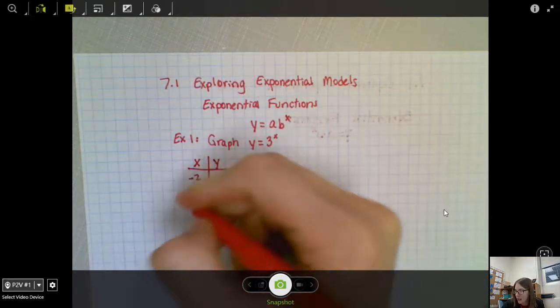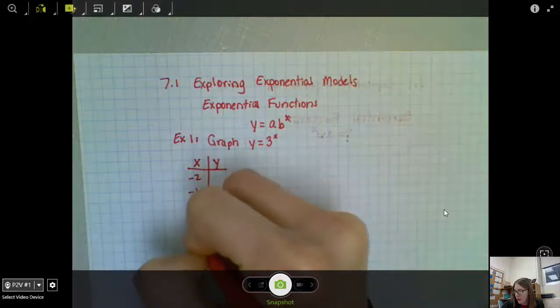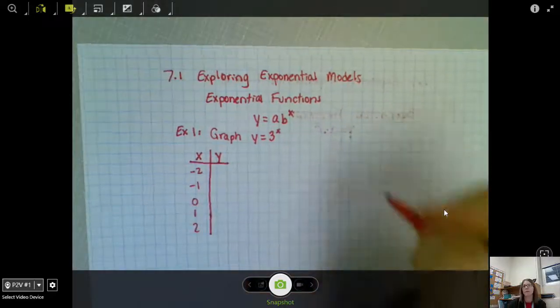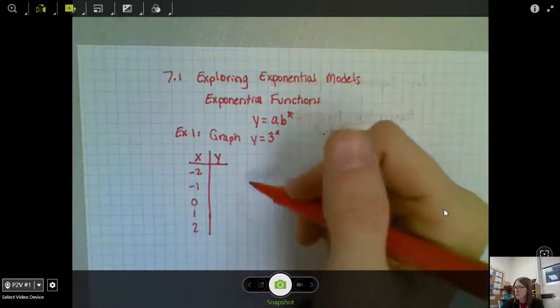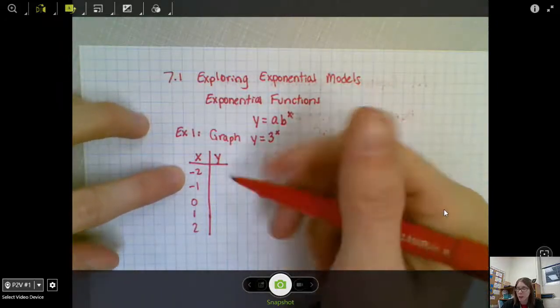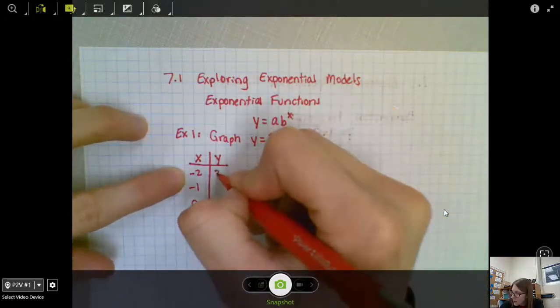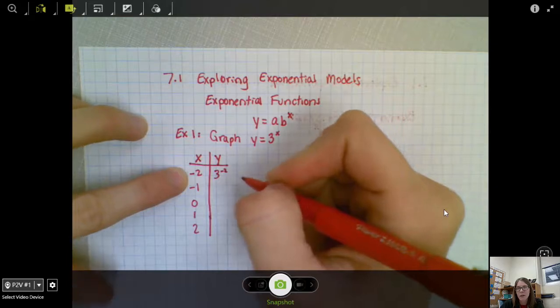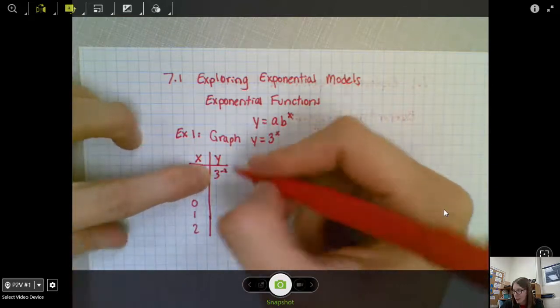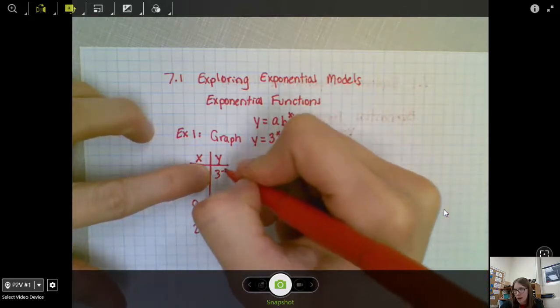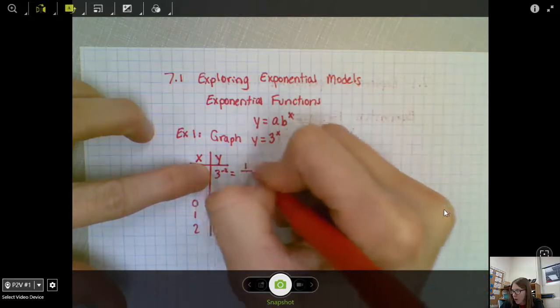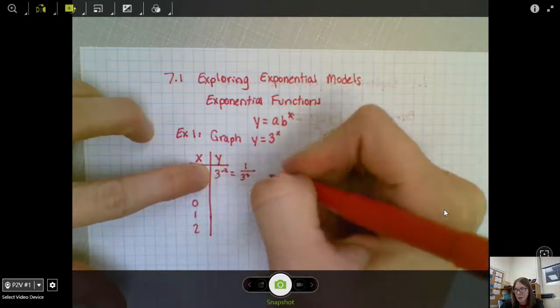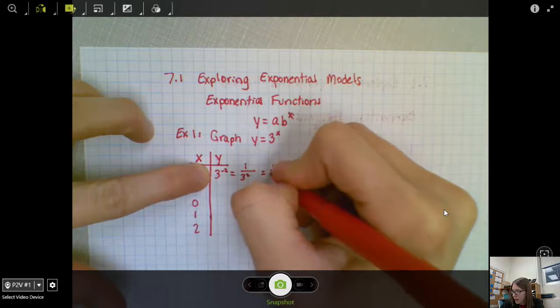I'm just going to use -2, -1, 0, 1, and 2. To figure out my y's, plug in each value for x. So I'd have 3 to the -2nd power. Don't forget what those negative exponents do: flip. That negative exponent really means 1 over 3 to the 2nd power, which is 1/9.